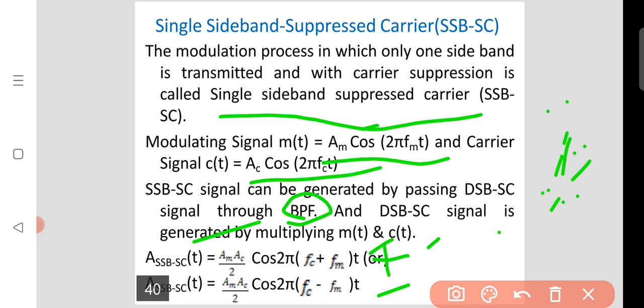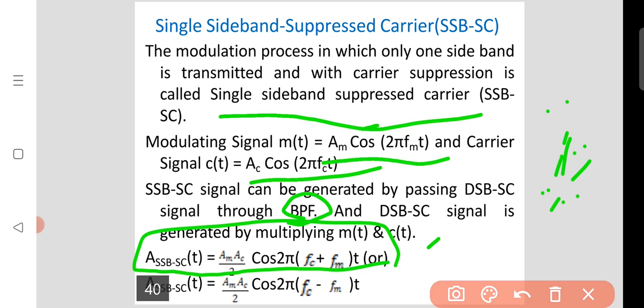When this DSB signal passes through the band pass filter, any one band will be present at the output. If you want the upper sideband, this is our SSBSC signal: Am Ac by 2 cos 2 pi (fc plus fm) t.